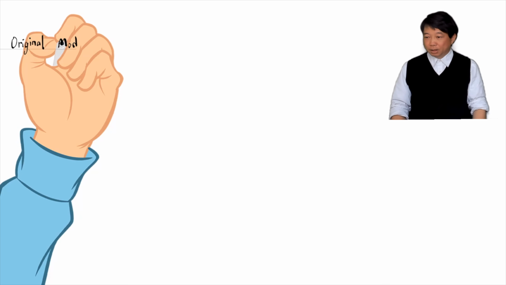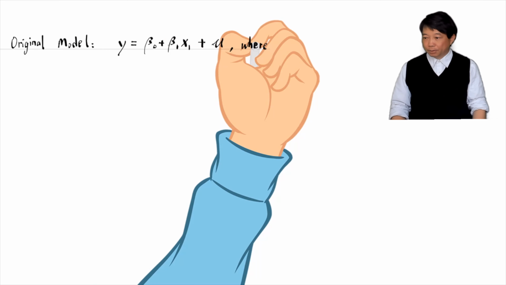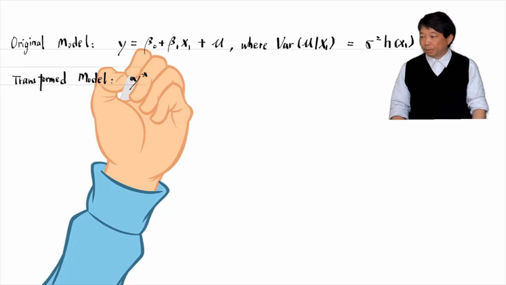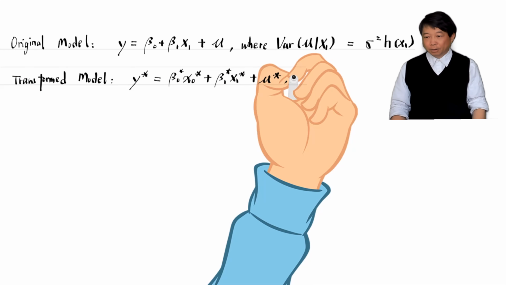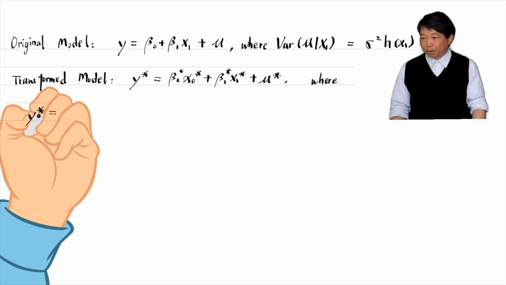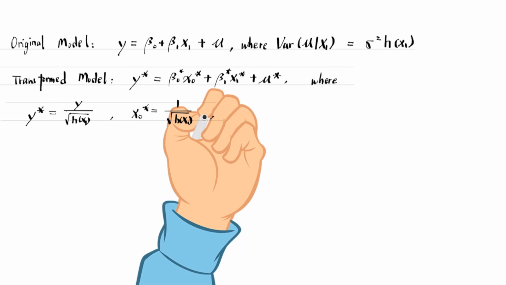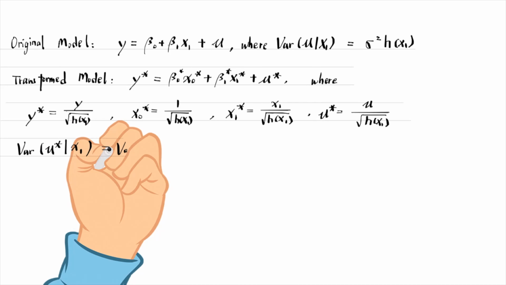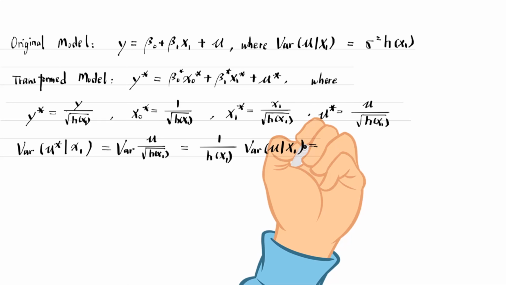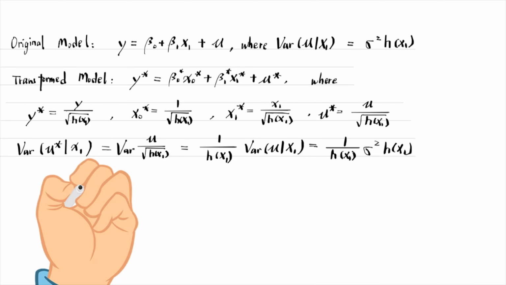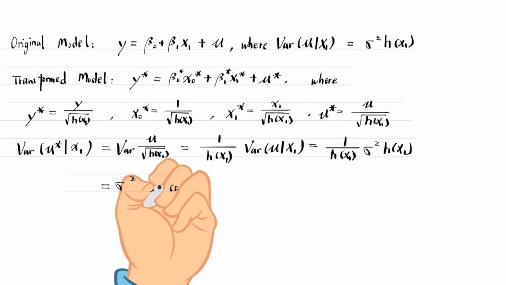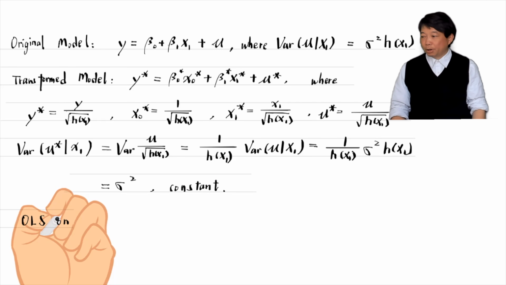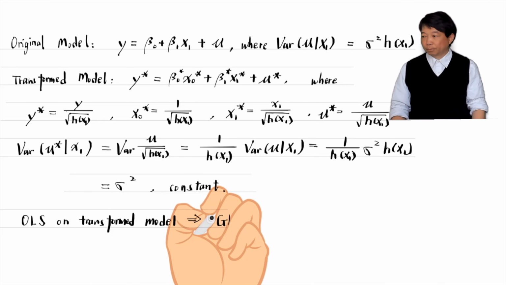Recall that for a linear model, if the error term has a non-constant variance, we can transform the outcome and explanatory variables so that the transformed error term has a constant variance. We then use the OLS method to estimate the parameters of the transformed model.